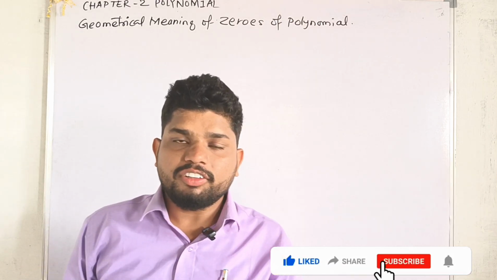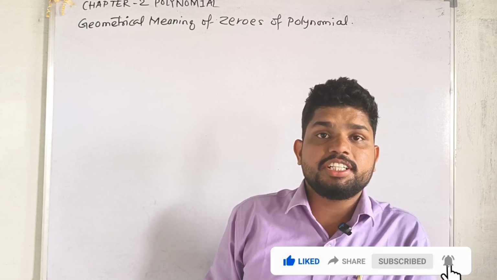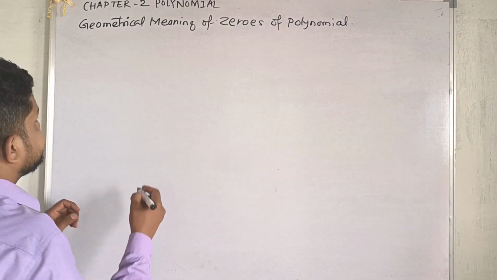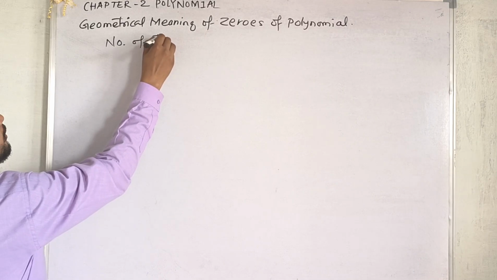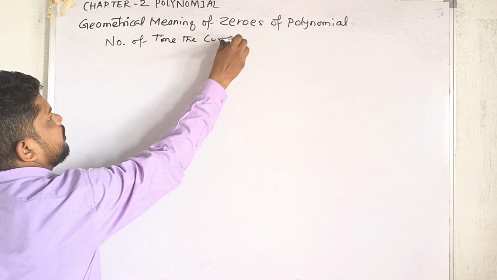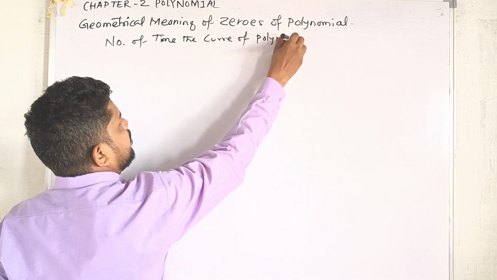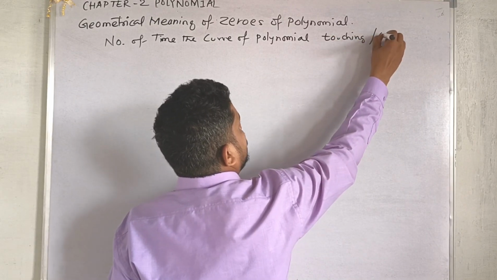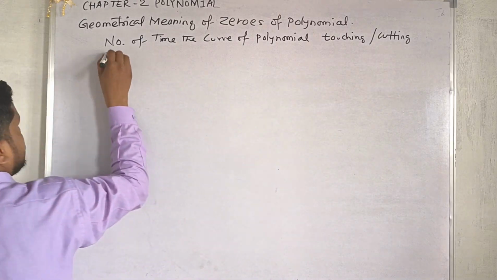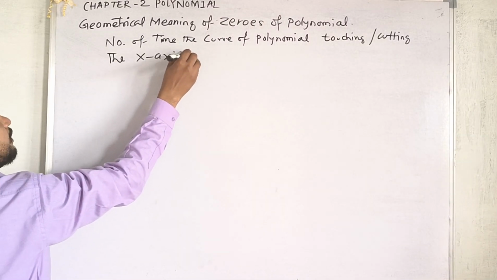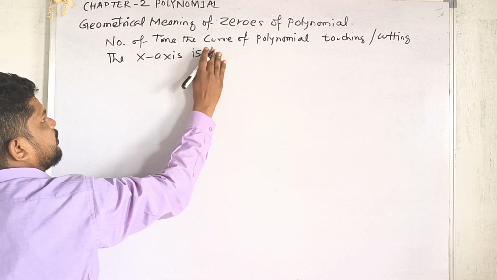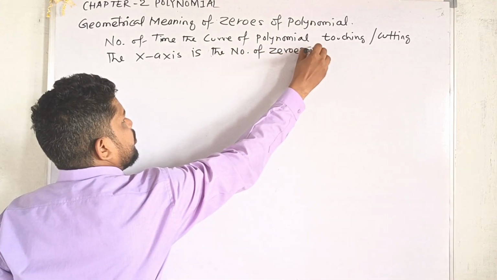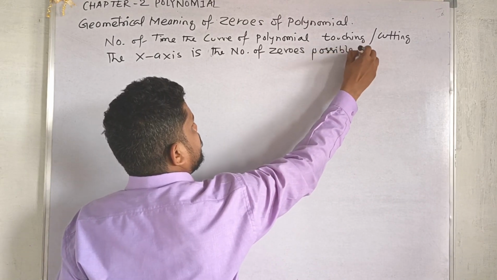Dear students, the number of times the curve of any polynomial touches the x-axis is the number of zeros possible for it. Let me write it for better impact: the number of times the curve of a polynomial touches or cuts the x-axis is the number of zeros possible for it.